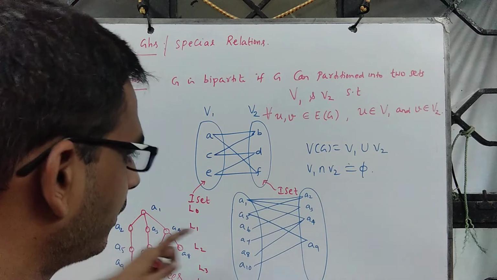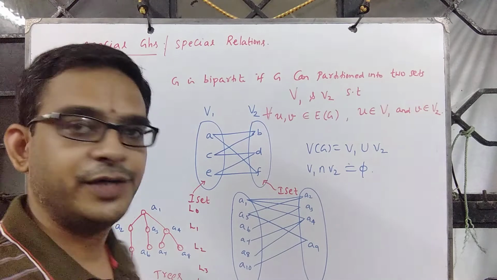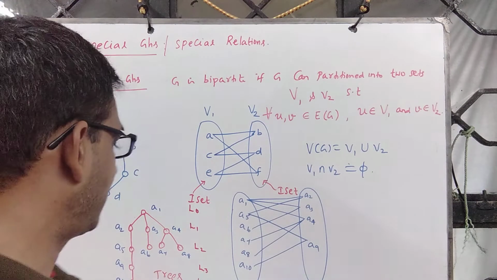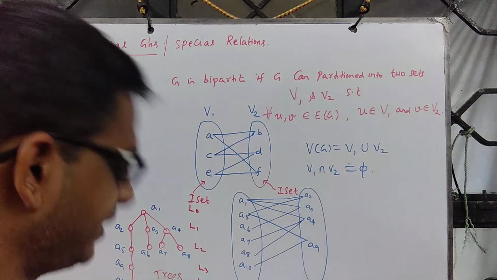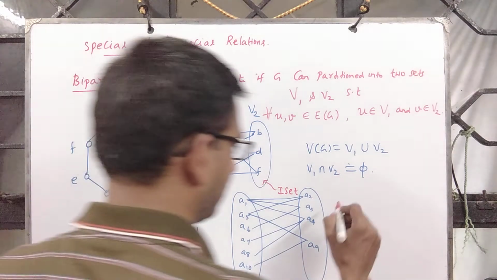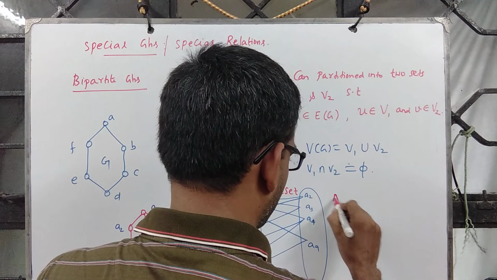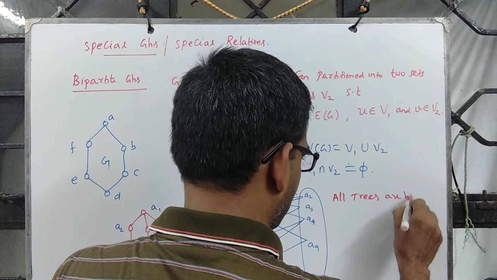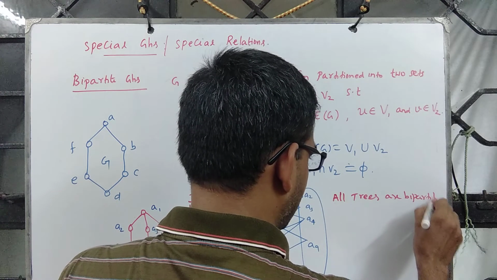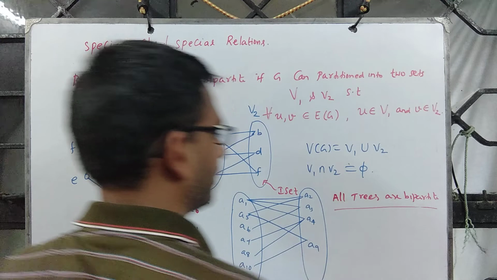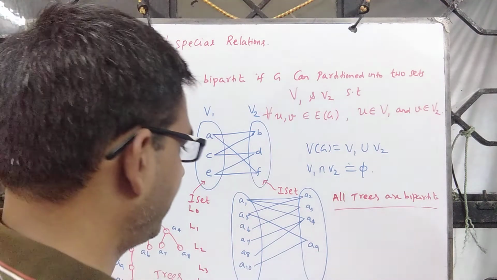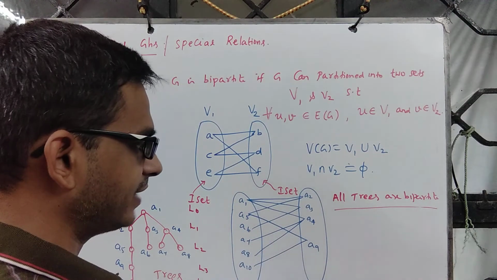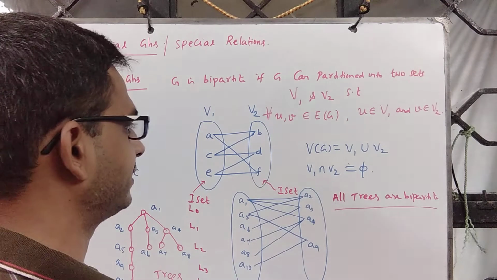So if you alternate between V1 and V2, you see that in fact all trees are bipartite. So trees are a special case of bipartite graphs, wherein it ensures connectedness as well as acyclicity.